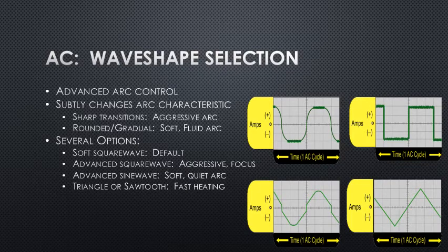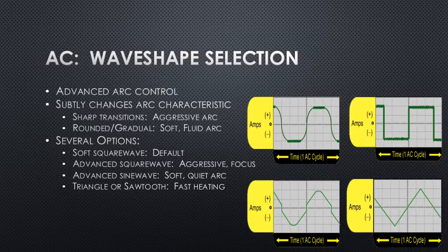Basically what you see is the sharper the curves, the more aggressive the arc is and the noisier it is, and the more rounded the curves are, the softer the arc and the softer the noise is when you're welding.